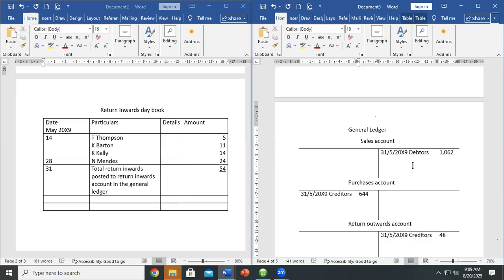So if you check, your sales account will have a lot of entries for individual people you sold to. But if you prepare the day book, it saves you that stress. You only have the totals in your sales account. So Austin, that is the rationale of preparing the day books.